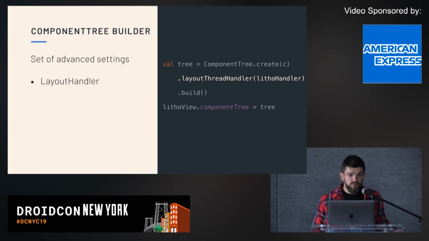For example, you just opened the list and then instantly clicked on the item. Before you will be able to lay out the second screen, you will need to wait for all the items of this list to be laid out. Not all in total, but some on the top of the viewport and some on the bottom of the viewport. So to mitigate that, you may provide your custom layout handler for this second screen, for example, and this will start laying out as soon as your activity will be available.